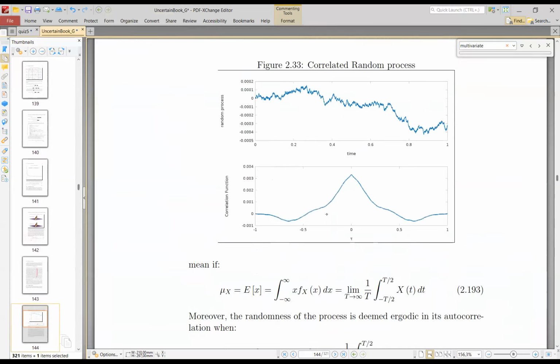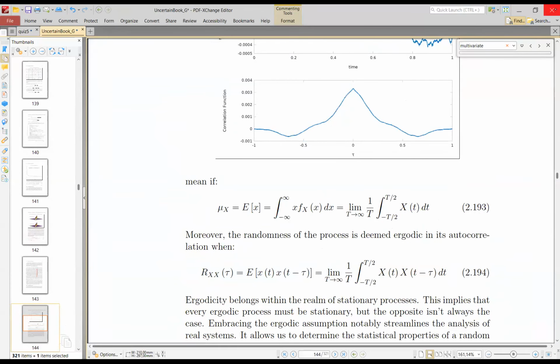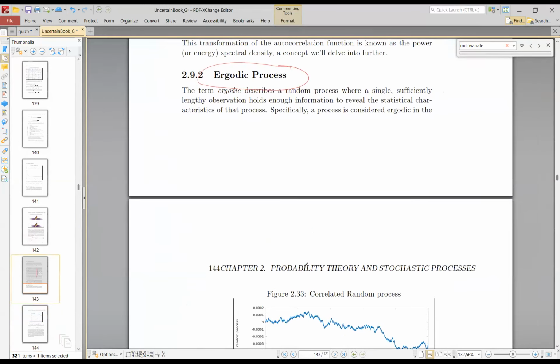I will give this one and then we end today's lecture, but it is very important to understand the meaning of the ergodic process. It is extremely important, because most likely in your master thesis or in your PhD, most of the time we deal with ergodic processes, because it is much easier than even stationary. It is much easier to handle. Okay, what is the ergodic process?